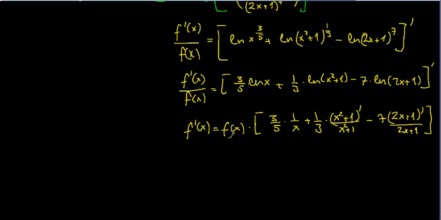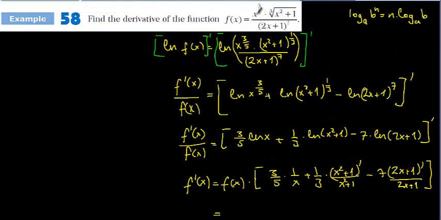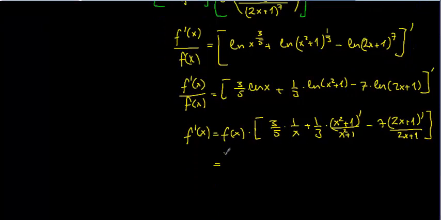I'm going to write what is the value of fx, and I'm going to write the derivative of these expressions. If you remember, the fx here was written at the beginning: x to the power of 3 over 5 times cube root of x squared plus 1 over 2x plus 1 to the power of 7.